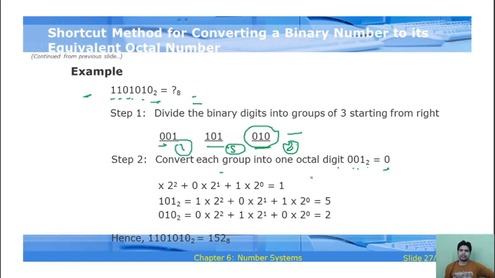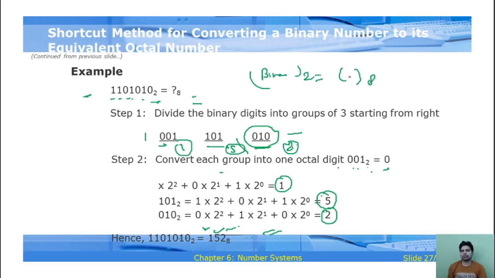Reading from the first digit, it is 1, then 5, then 2. So this is the simple conversion of how binary is converted into octal. Clear?